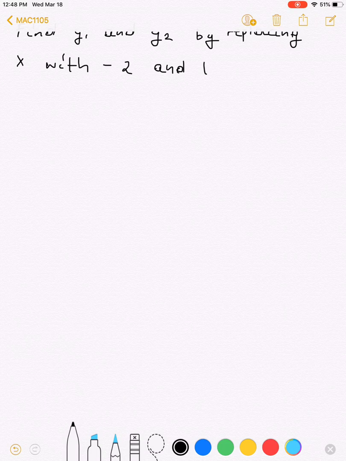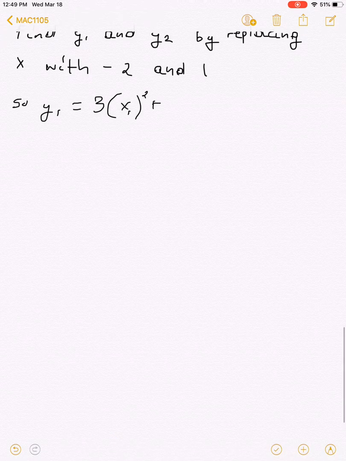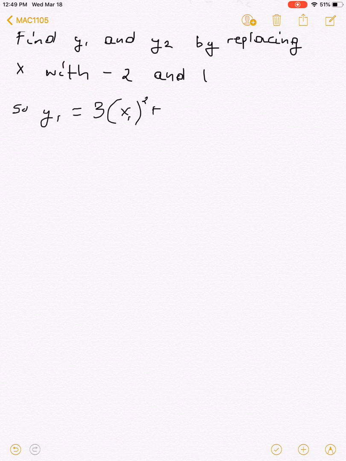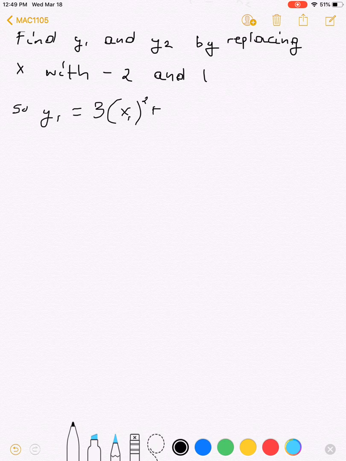Okay, so y1 is equal to 3, and for x we're going to plug in x1. We're going to bring that to a second power, plus 2 x1 minus 1.